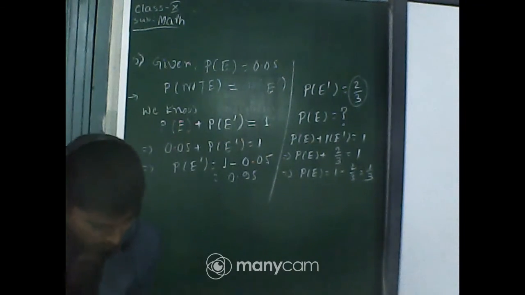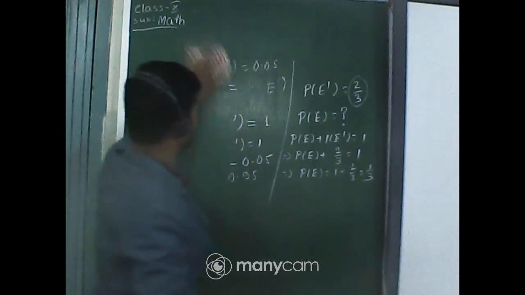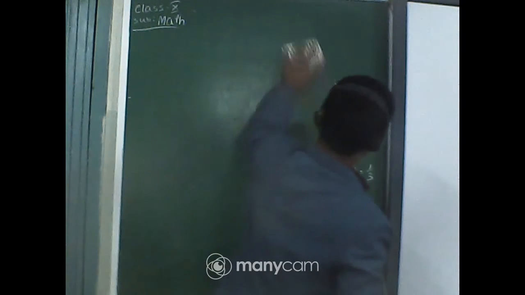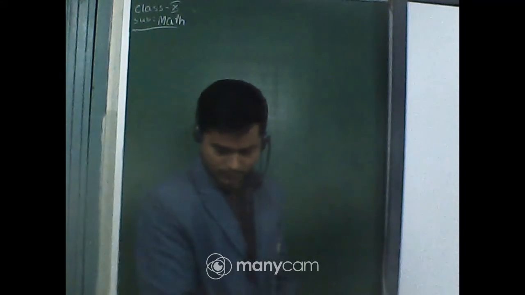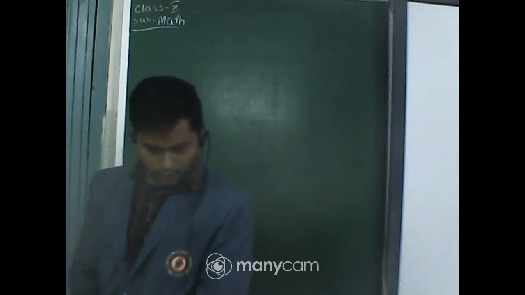Okay. Now the next question is question number 7. I'm skipping question number 6. Have a look at the question. Question number 7 is: it is given that in a group of 3 students, the probability of 2 students not having the same birthday is equal to 0.992.